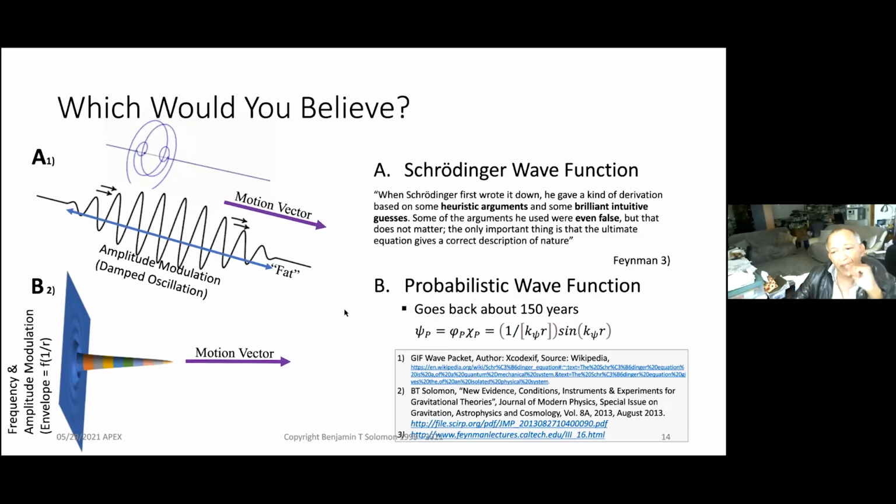So, Feynman basically said about Schrodinger's wave function, it's based on heuristic arguments, it's brilliant intuitive guesses, and even false arguments. But Feynman says that it does not matter. The important thing is that the equation gives the correct description of nature.